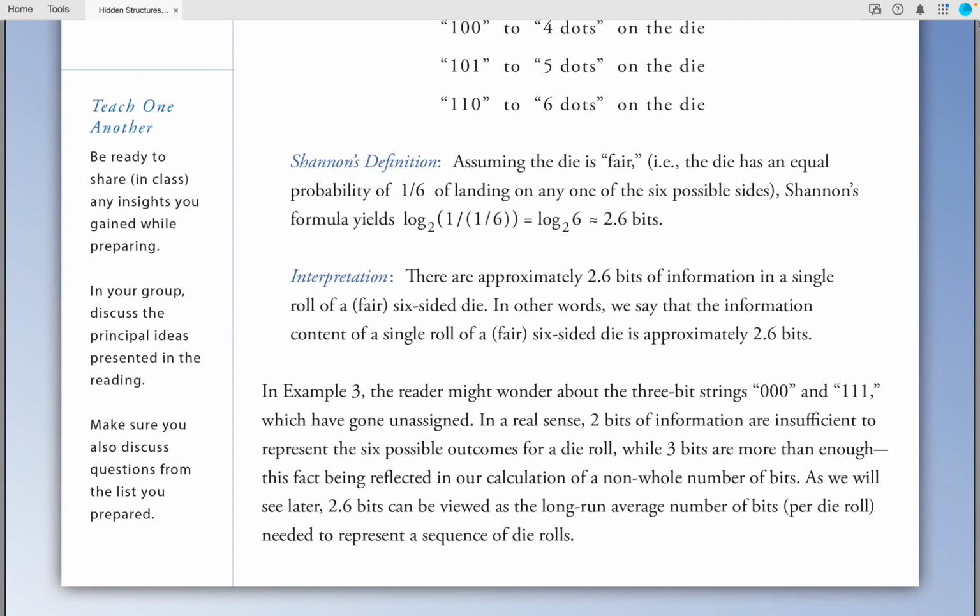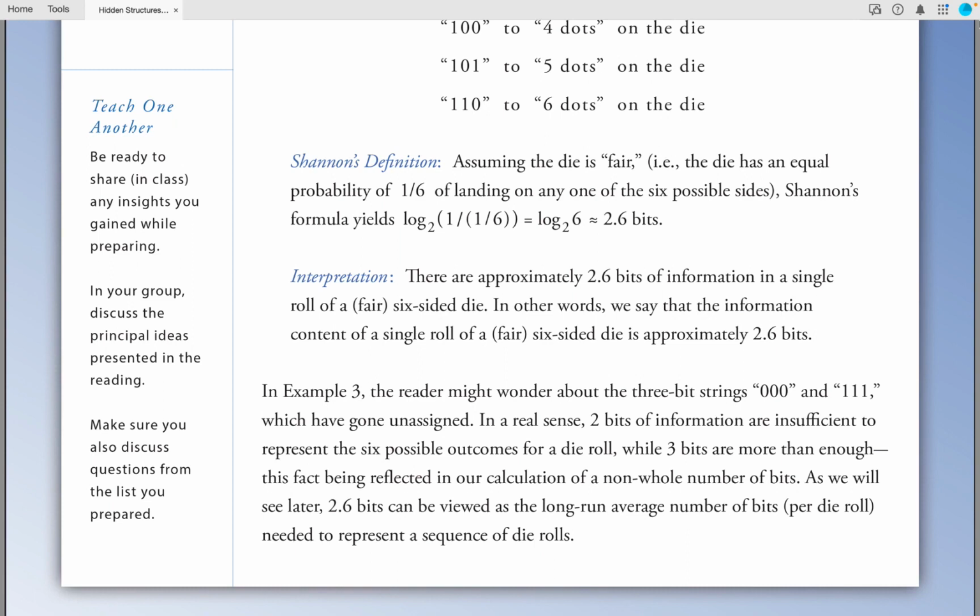There are approximately 2.6 bits of information in a single roll of a fair 6-sided die. In other words, we say that the information content of a single roll of a fair 6-sided die is approximately 2.6 bits.